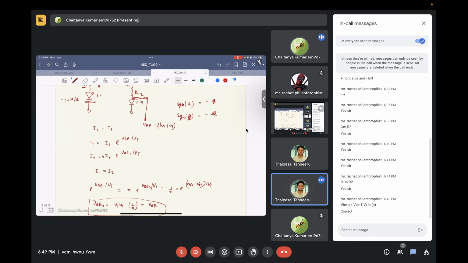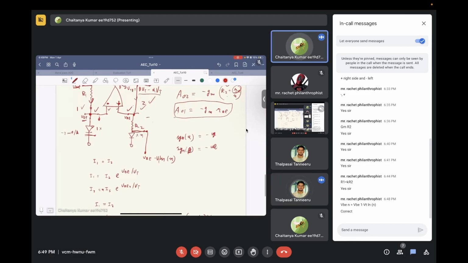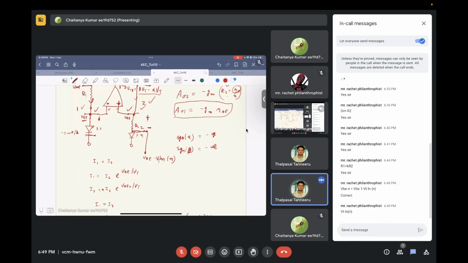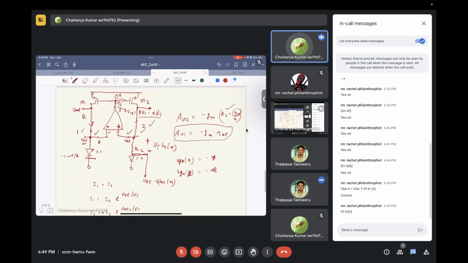Okay. So what is the voltage across this resistance R2? I into R2, sir: VT ln n.